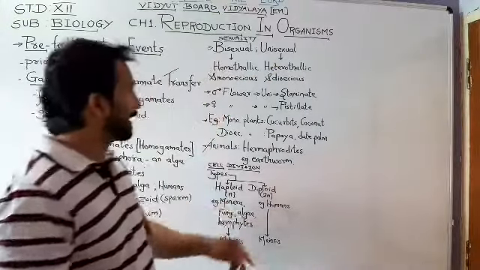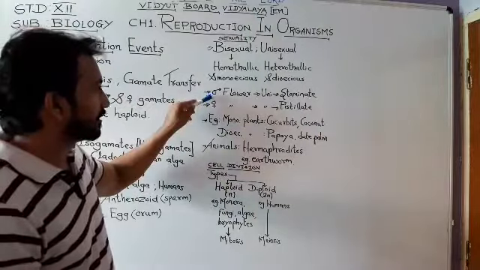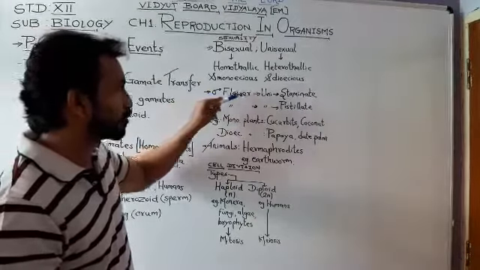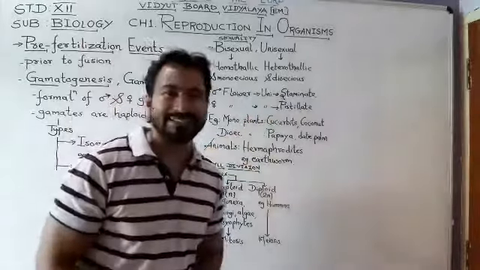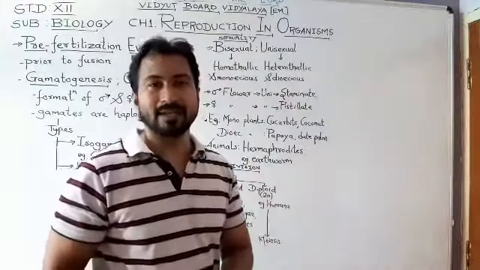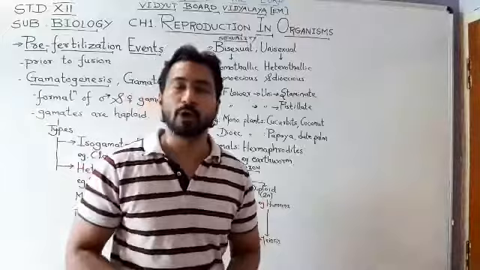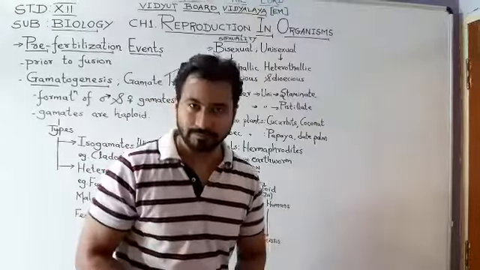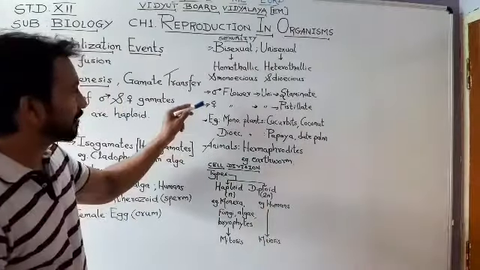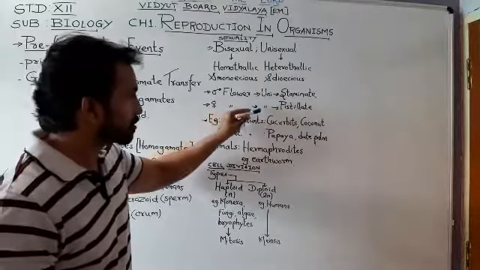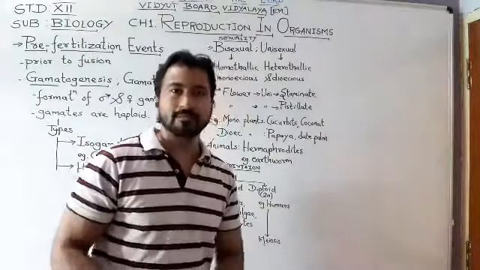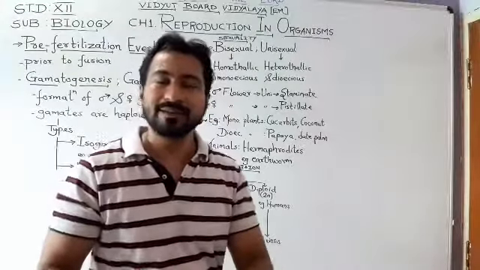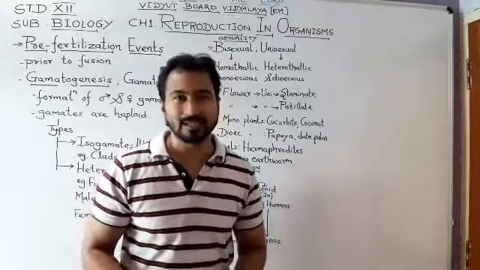In case of the flowers, the male flower, which is usually a unisexual one, is said to be a staminate, and it means it has a male reproductive organ, that is a stamen. And the female flower, which is also a unisexual one, is said to be a pistillate flower because it has a female reproductive organ, that is a pistil.